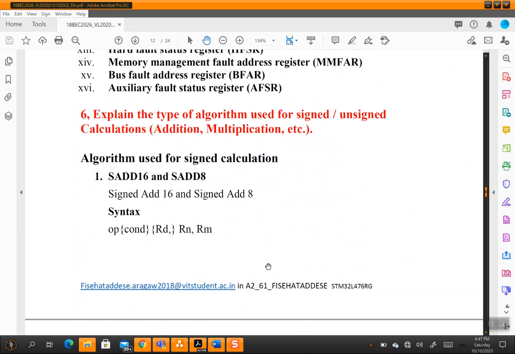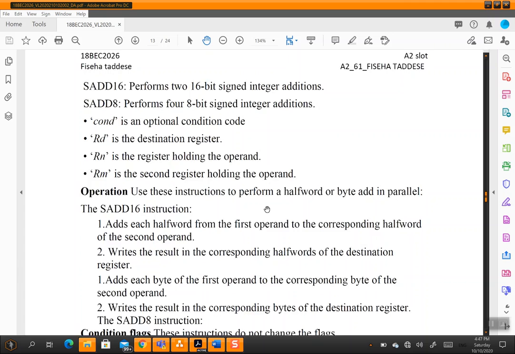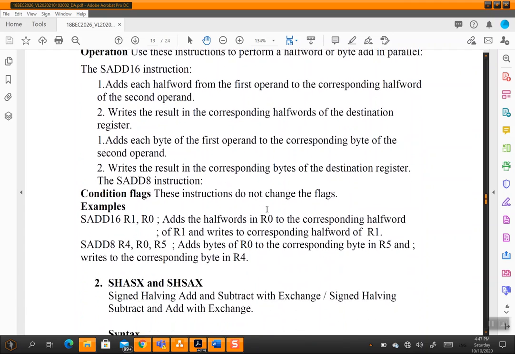Okay, the next question: explain the type of algorithm used for signed and unsigned calculations. That includes addition, multiplication, and in my case division and subtraction also. The instructions used for signed calculation are SADD16 and SADD8, which add signed 16-bit data and signed 8-bit data, and each has its own operation.